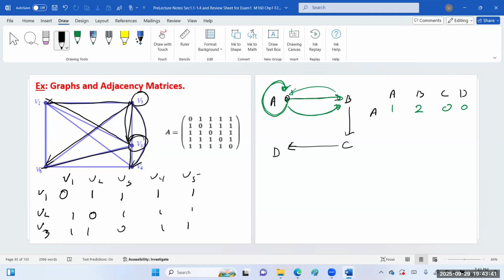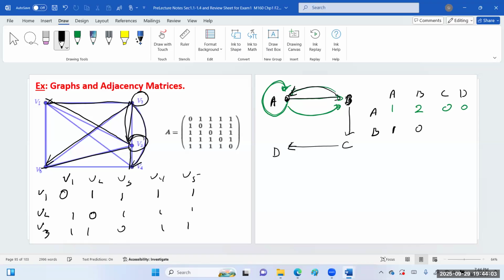Then we go and look at B. From B to A. Can you go from B to A? Yes, because there's a direction here. From B to A. So B to A is 1. How about B to B? No, because there is no loop this time.